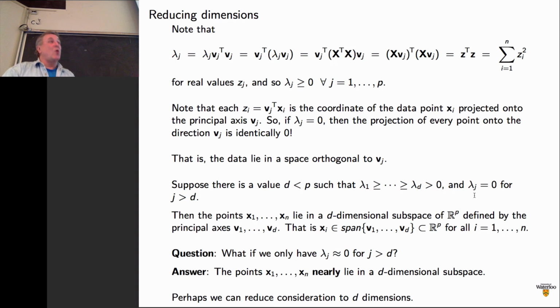That means if I throw away all the pieces that are in the p minus d dimensions, in the dimensions where the eigenvalues are close to 0, maybe I haven't lost too much structure in the data. That's the thinking. So maybe we can reduce this to d dimensions if these things are really close to 0. We're clearly losing something, maybe not so much.